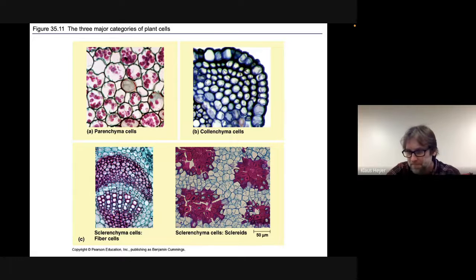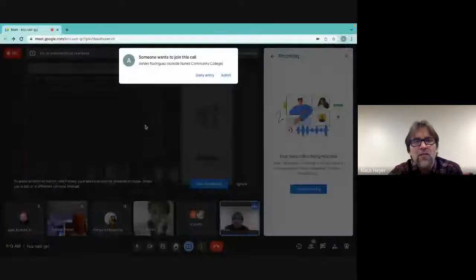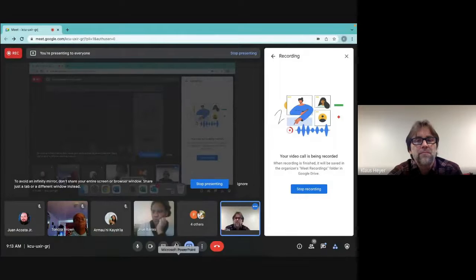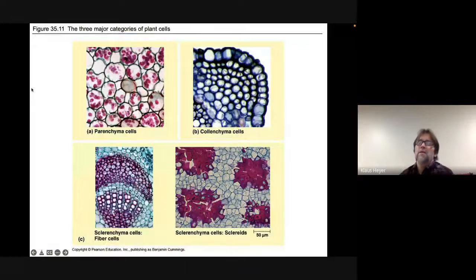For example, the cells in a leaf could be parenchyma cells, and the cells inside of a root can also be parenchyma cells. So parenchyma cells: thin, flexible walls, general type of cell.